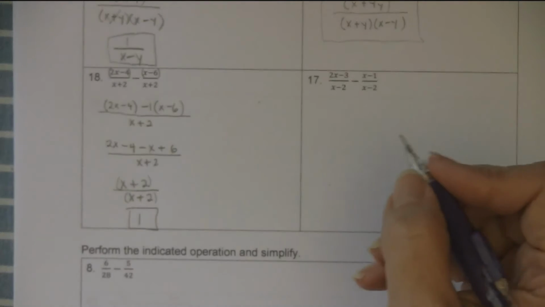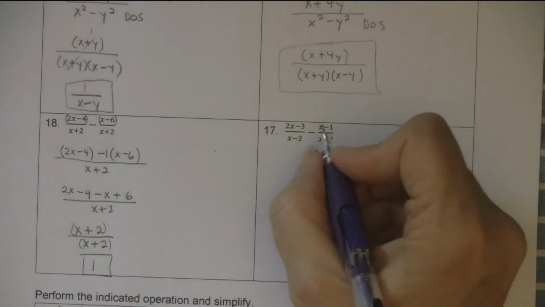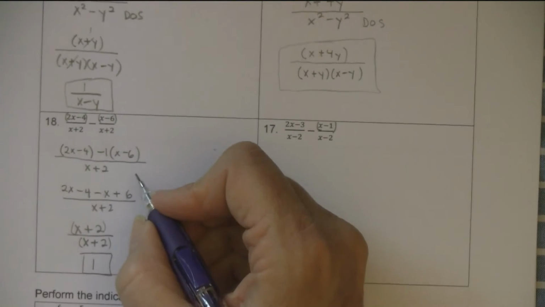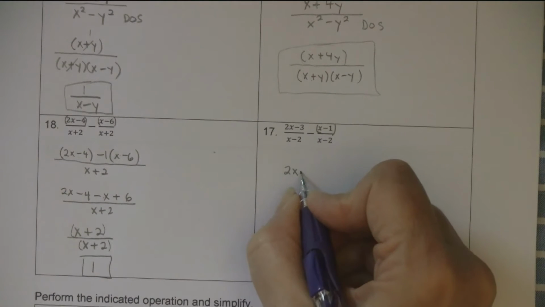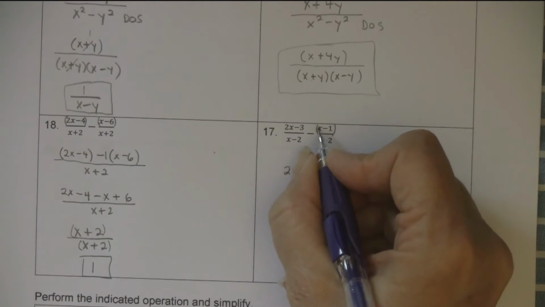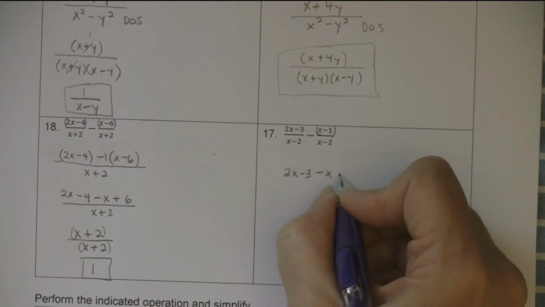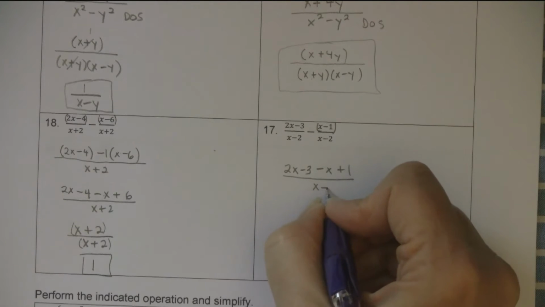And so let's look at 17 here. And so what I usually do, I wrote it there here so that you can see this is what it was. But what I usually do is I usually do this, 2x minus 3, and then I distribute the negative when I have it. So that'd be minus x plus 1, all divided by x minus 2.